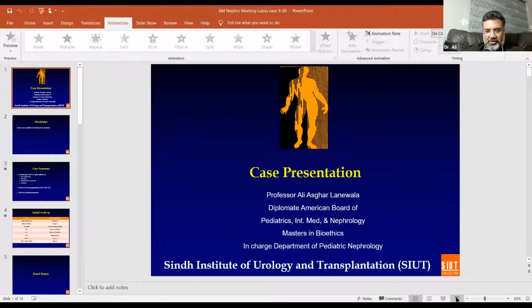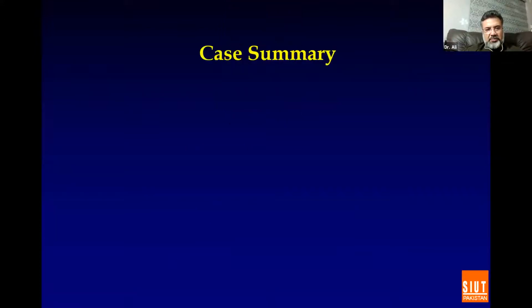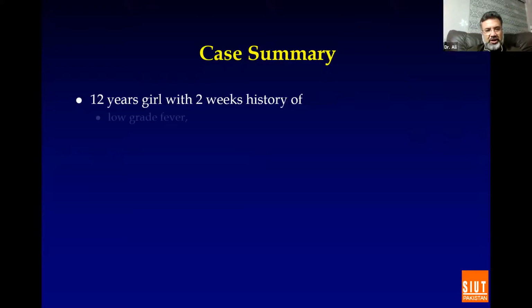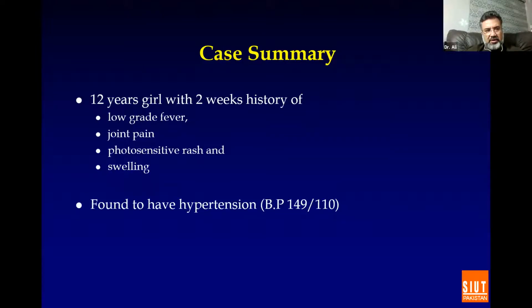Okay, so this is the case of a child who we are still managing. She's a 12-year-old girl who came to us with a 2-week history of low-grade fever and joint pains. She had a photosensitive rash, especially in the exposed areas, mild to moderate swelling, and had hypertension.